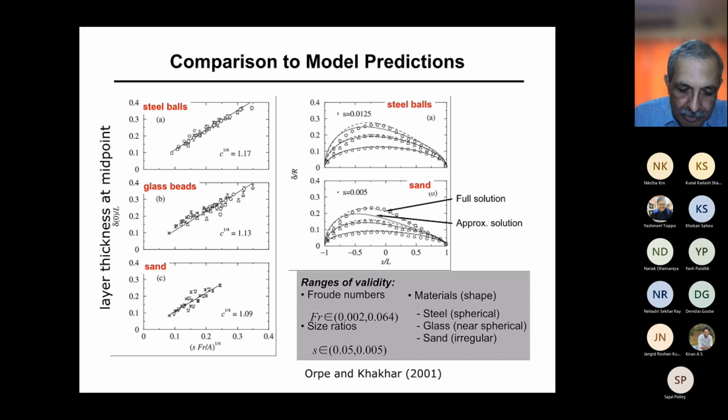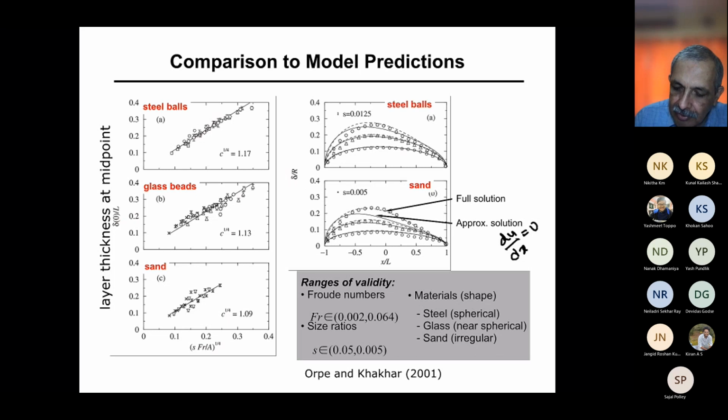And here are the comparison of the profile with distance. So you see this is for different Froude numbers and for different size ratios and for two different materials. And you can see that this approximate solution corresponds to du/dx equal to 0.